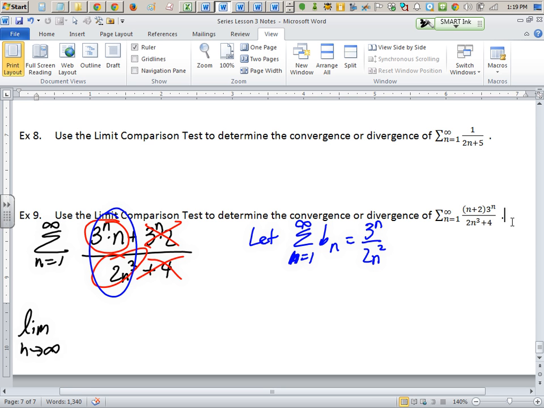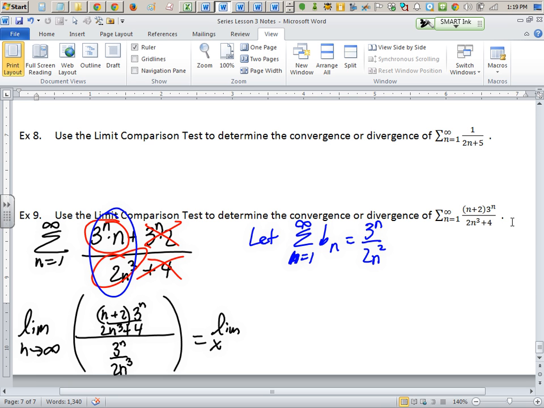n goes to infinity. Old summand over new summand. Outer is numerator: 2n cubed times n plus 2 times 3 to the n.